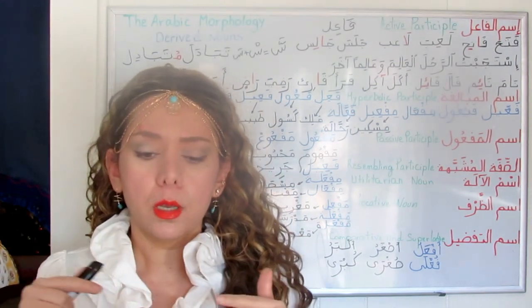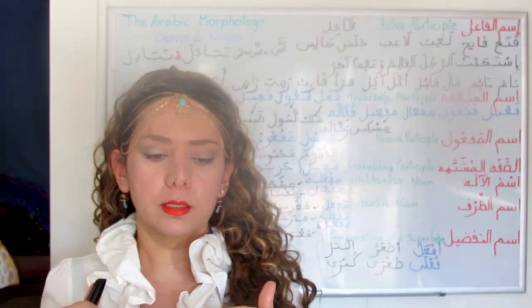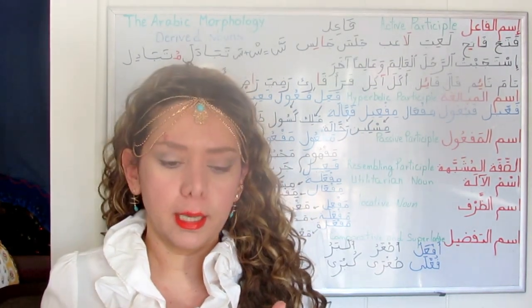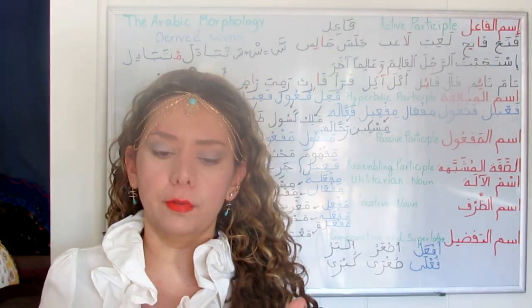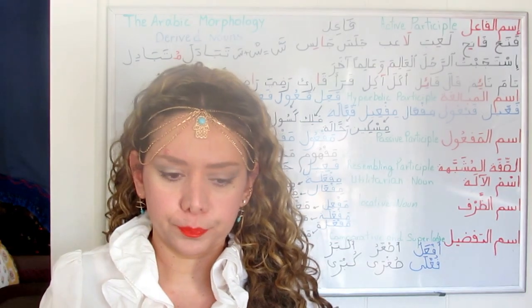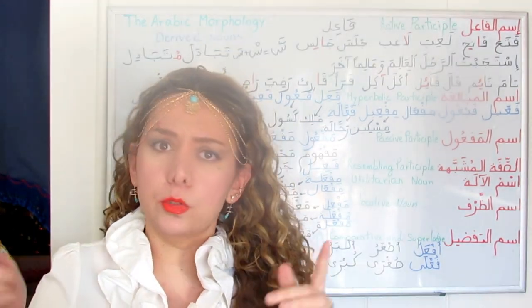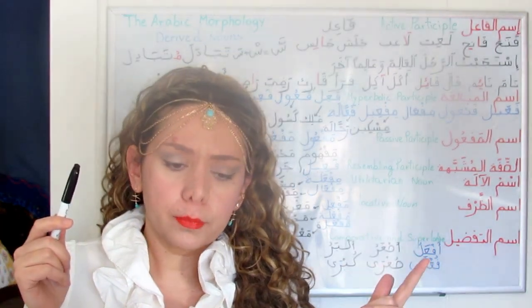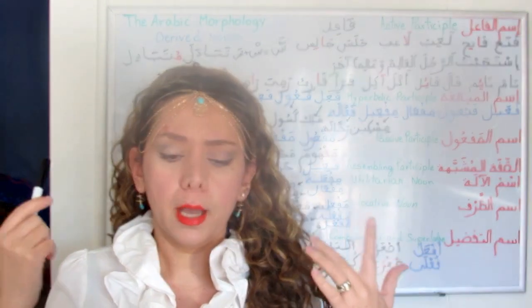These nouns may also function as adjectives, indicating that something is done very well, or as a profession. So it can be used as both an adjective and a noun.